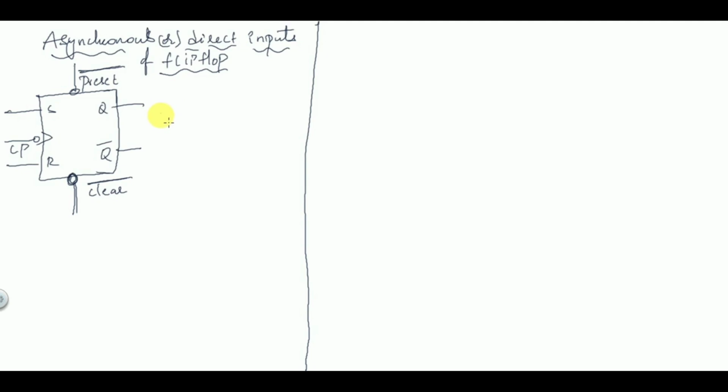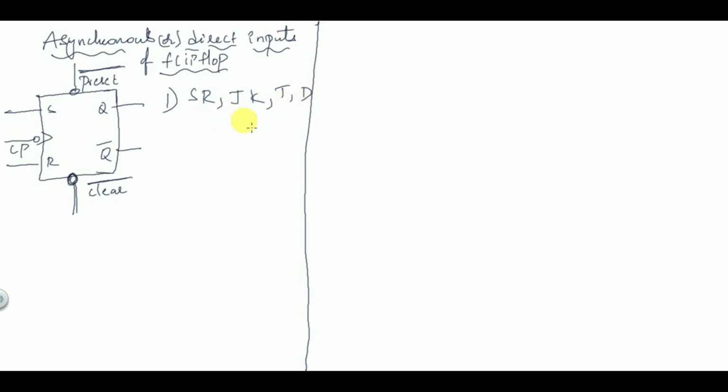So what is the importance of these two inputs? The first point which you have to remember: in SR flip-flops, the inputs S and R; in JK flip-flop, the inputs J and K; and T and D in T and D flip-flops respectively.